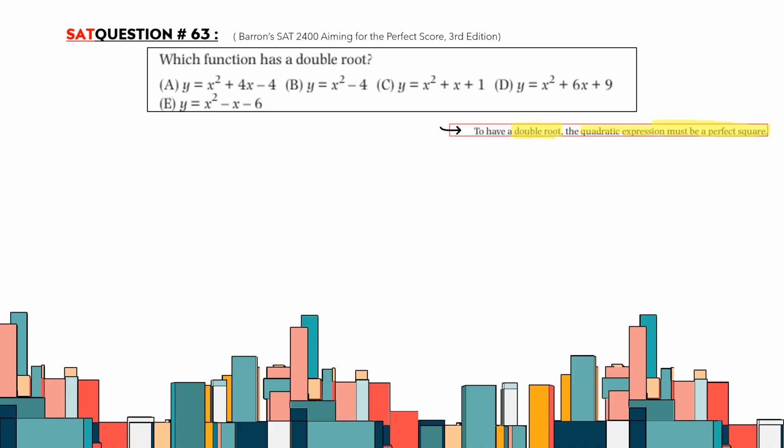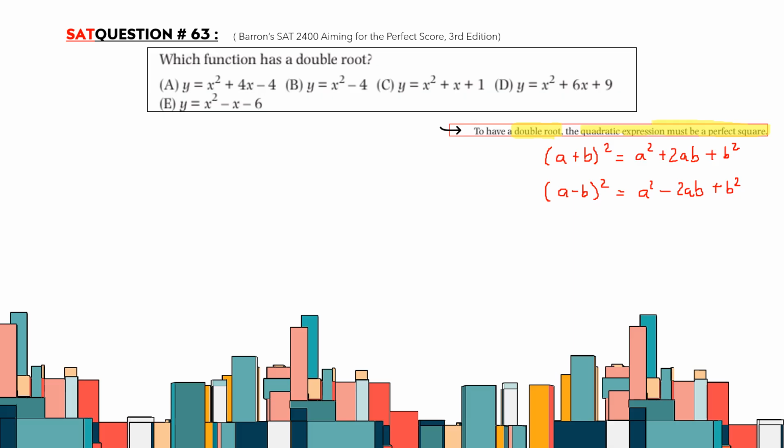The perfect square looks like this: (a plus b) squared, which is a squared plus 2ab plus b squared. And we also have (a minus b) squared, which is a squared minus 2ab plus b squared.